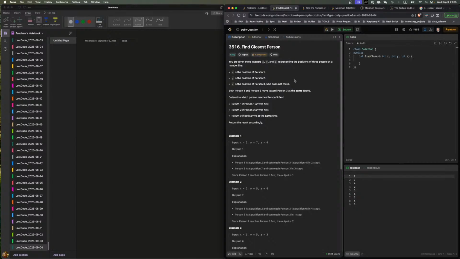Find the closest person. X, Y, Z represent the positions of three people, X, Y, and Z, where person 3 does not move. Both person 1 and 2 move toward 3 at the same speed. Determine which person reaches person 3 first.